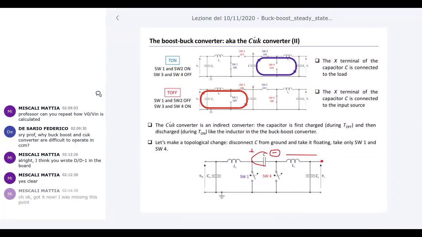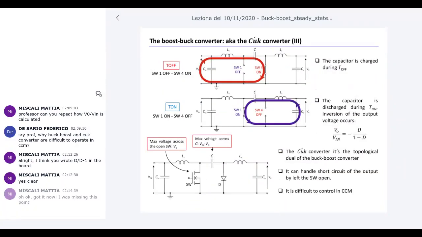So the voltage is reversing. To take into account this reversing of the voltage, I have to put a minus here, or I can write D over D minus 1, which is the same. The same happens for the inductor in the buck boost.